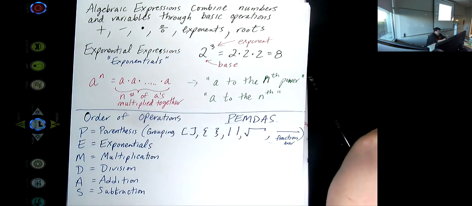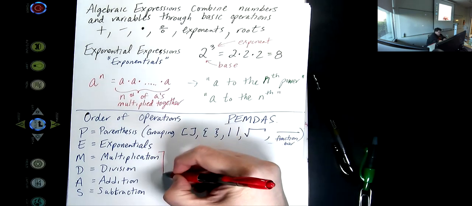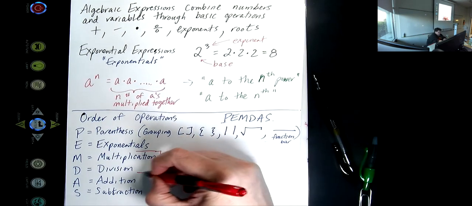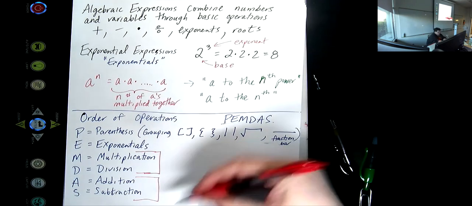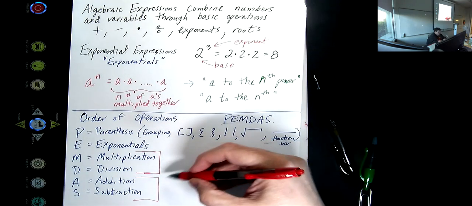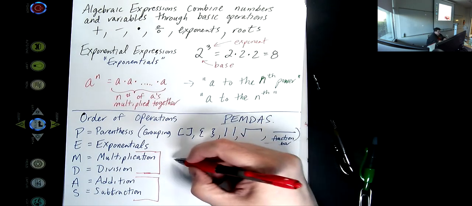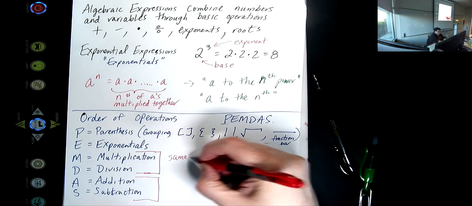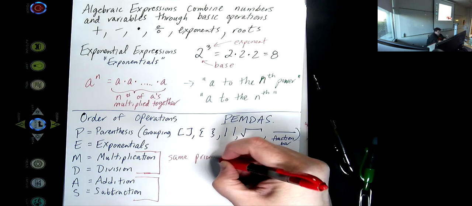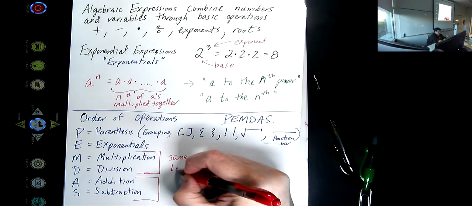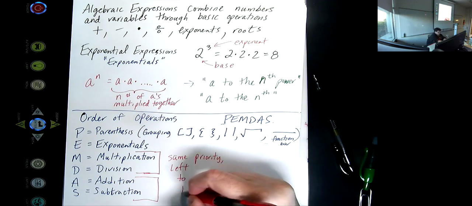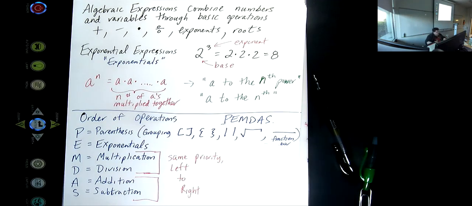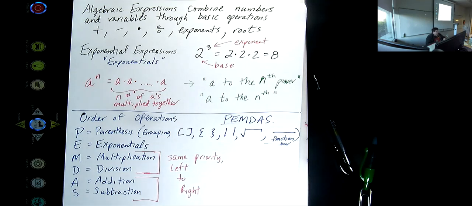So M and D, as well as A and S separately, within these two little box areas, have the same priority. So we just go left to right. We'll do all the multiplication and division at the same time, going left to right. Then we do all the addition and subtraction going left to right.